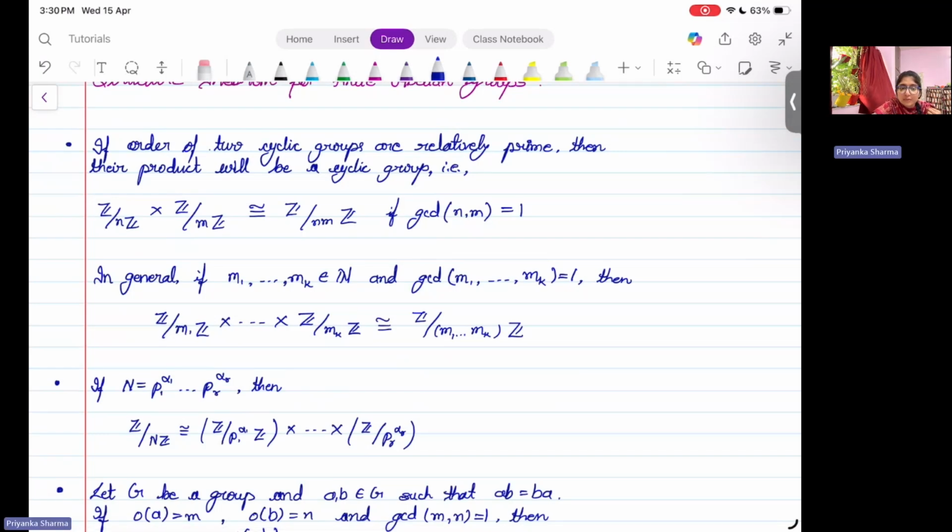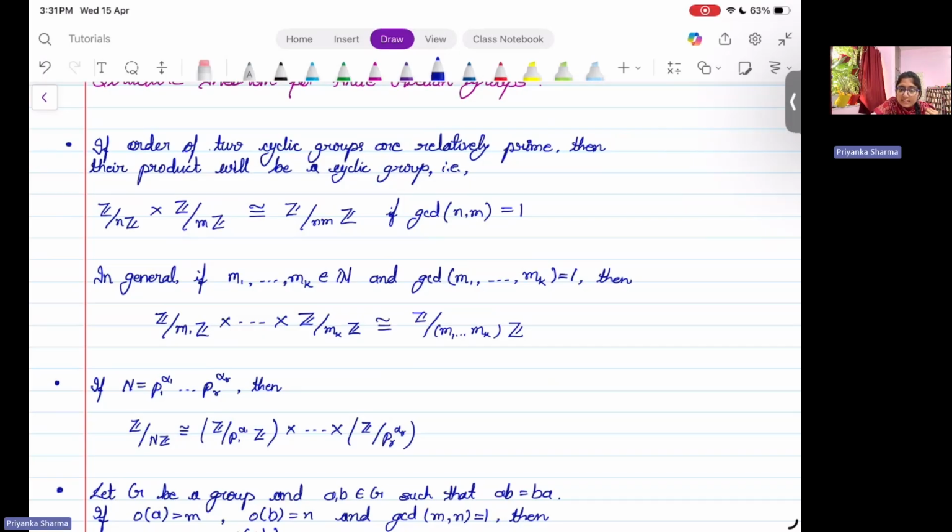So now we can say if the orders of two cyclic groups are relatively prime, then their product will again be a cyclic group, that is Z mod nZ cross Z mod mZ will be isomorphic to Z mod nmZ if the GCD of these two numbers n and m is 1.